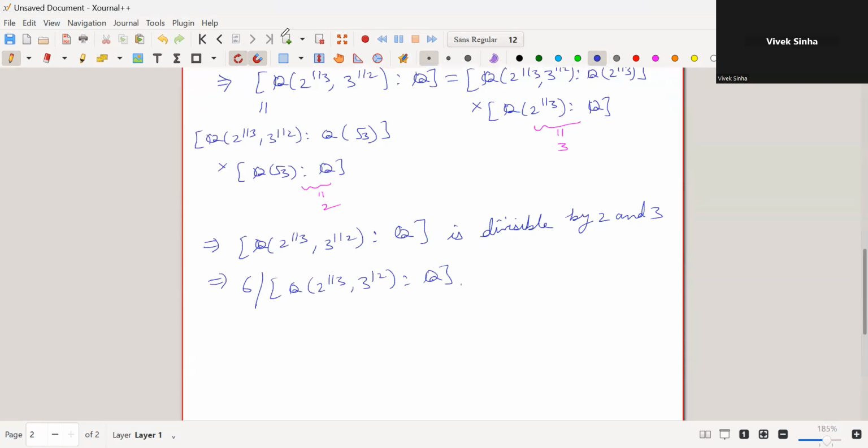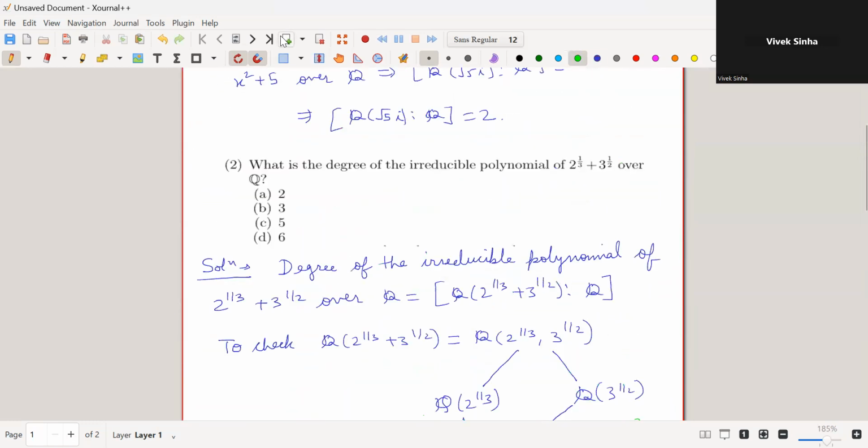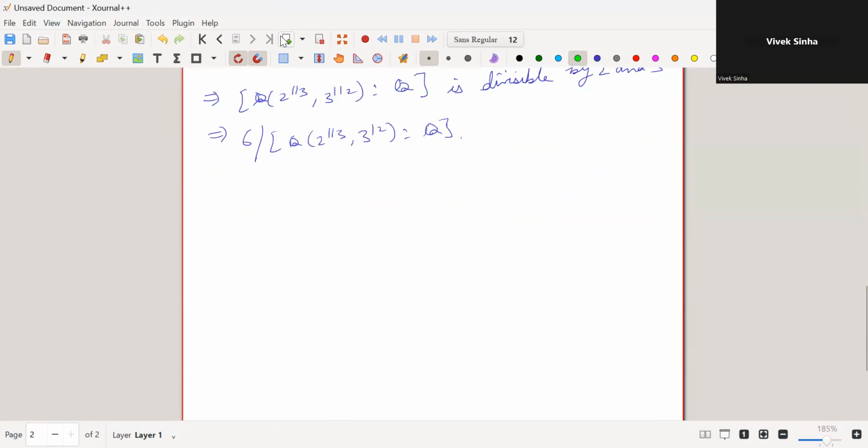So the options were 2, 3, 5 and 6, right? Options 2, 3 and 5 are not correct, and this implies the degree of this is equal to 6.